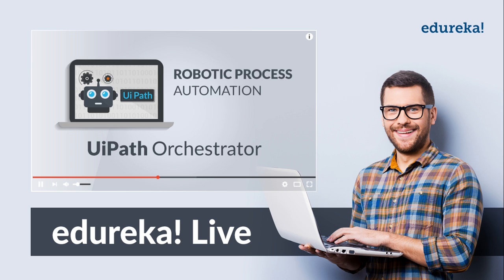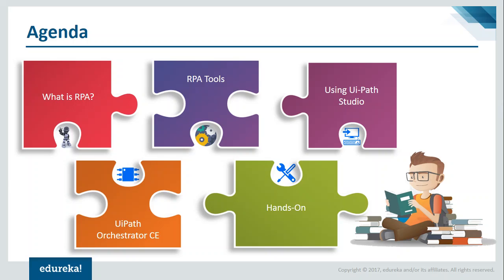All right, so let's start with the session with the agenda. So guys, this is my agenda for today. I'll start with what is RPA and then move on to the different tools which I use to implement this technology. After that, we are going to pick one tool out of these tools, which is UiPath, and I'm going to teach you guys how you can use the UiPath Studio.